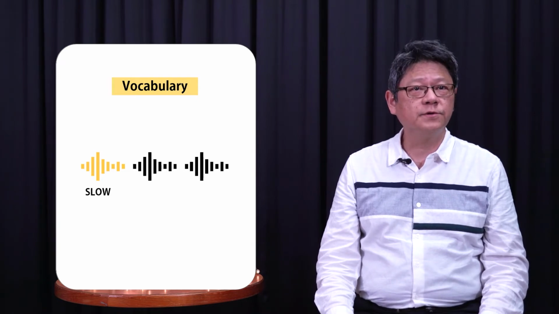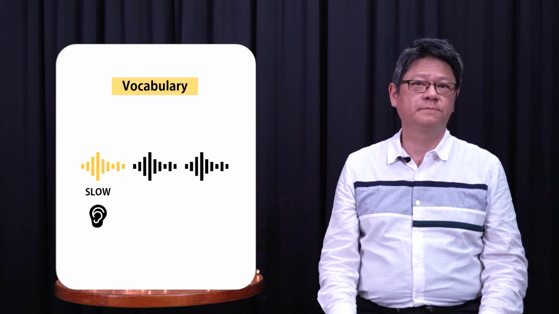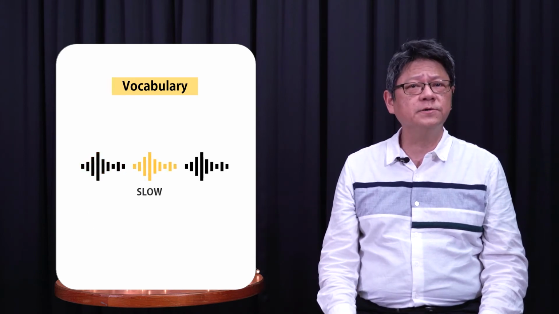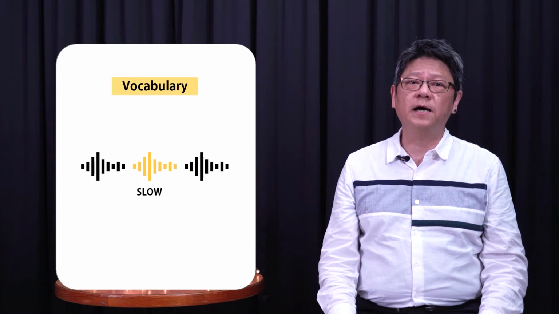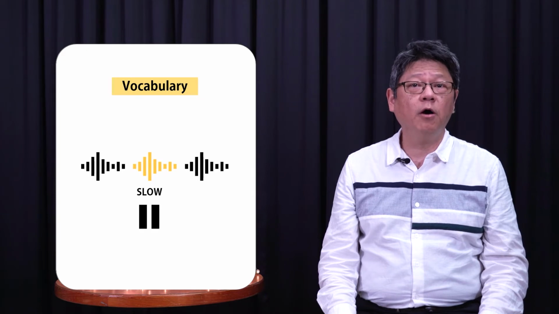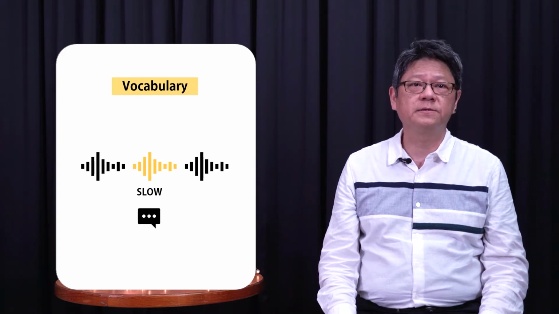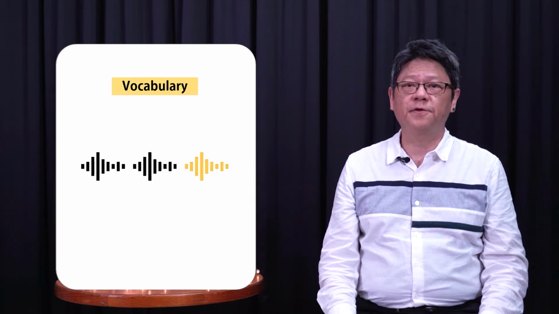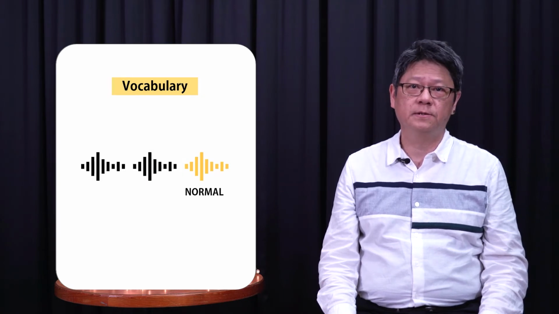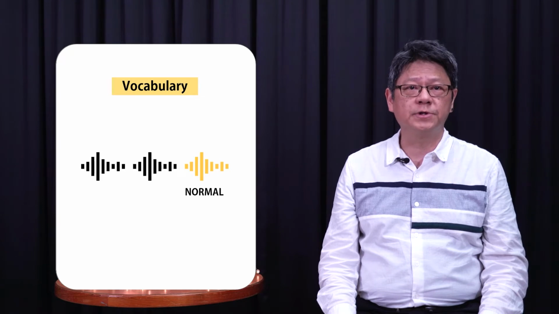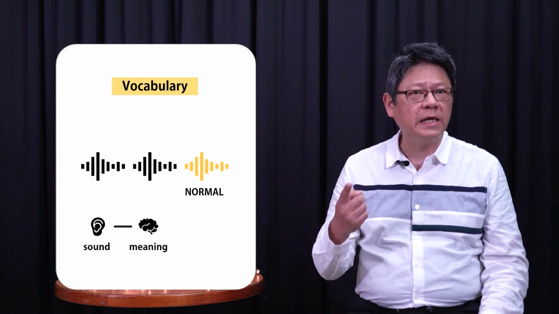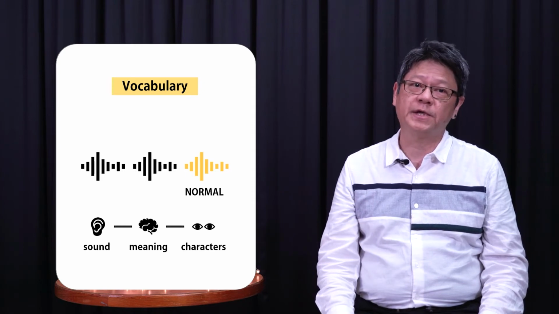All you have to do is to listen. For the second time, the speed is still slow, but this time, after each word is read, there will be a pause for you to repeat. For the third time, it will be at normal speed. When you are hearing these words, try to connect the sound, the meaning, and the Chinese characters together.